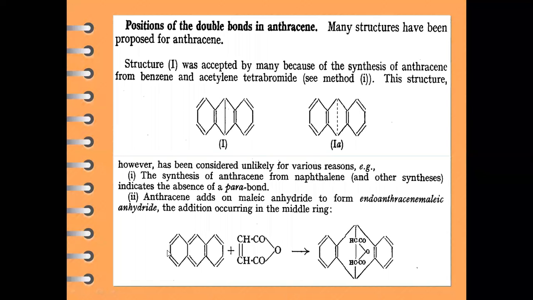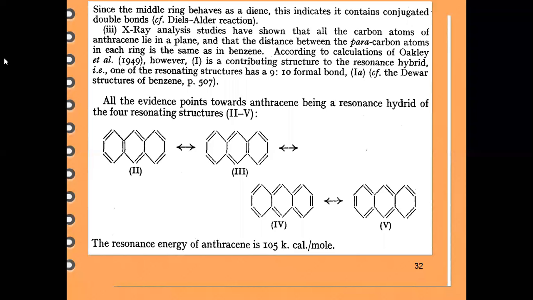See, the lateral 2 benzene rings are already stabilized by the presence of double bonds, and the addition of this maleic anhydride takes place across these 2 carbon atoms, the 9-10 position. That means the addition of maleic anhydride in the middle ring confirms that the structure of anthracene has lateral terminal benzene rings.